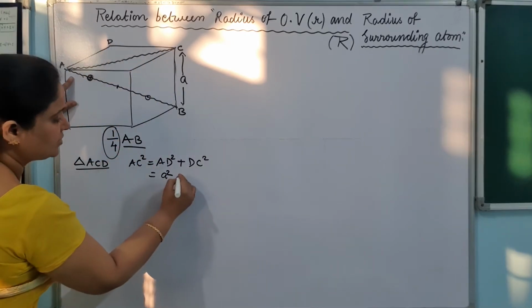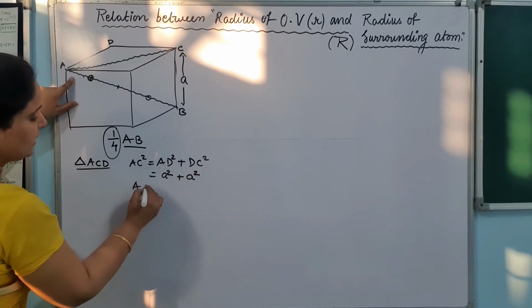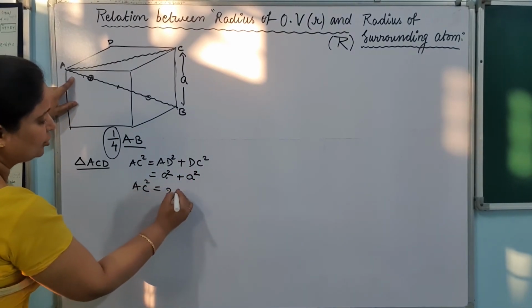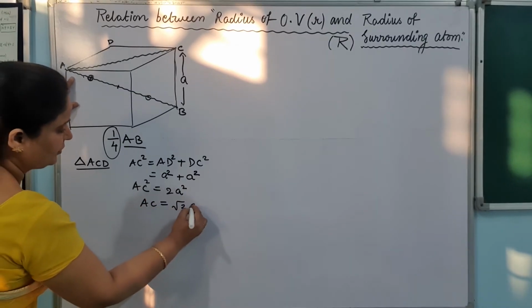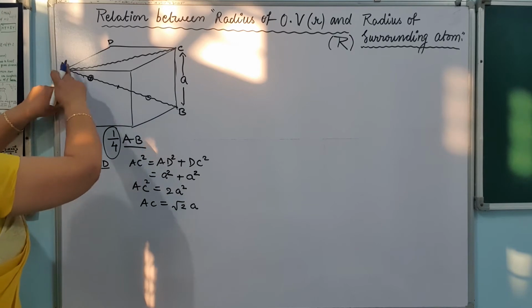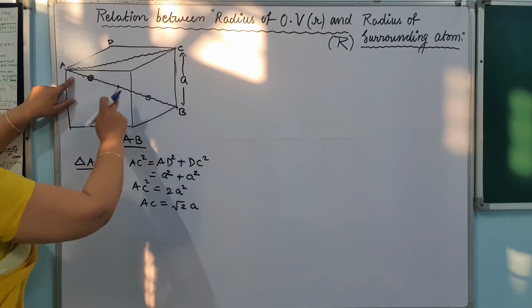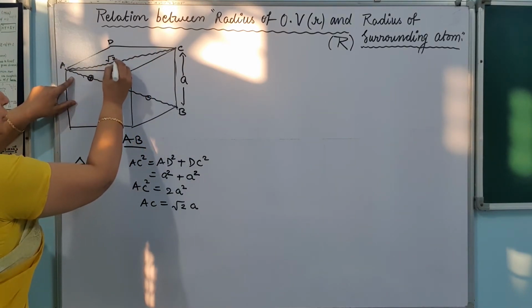This is also the edge of the unit cell. So AC square will be equal to 2A square, so AC will be √2 a.